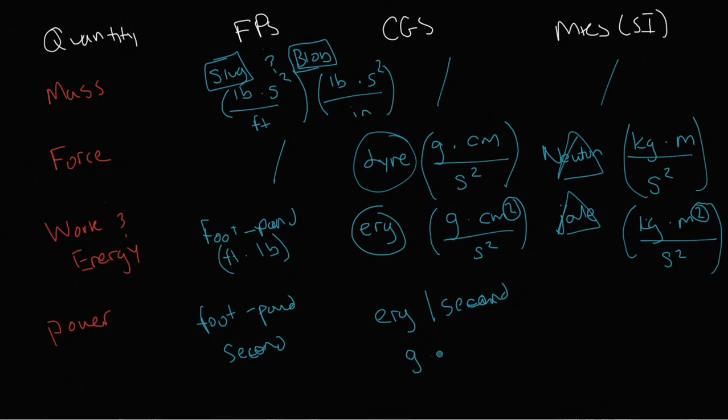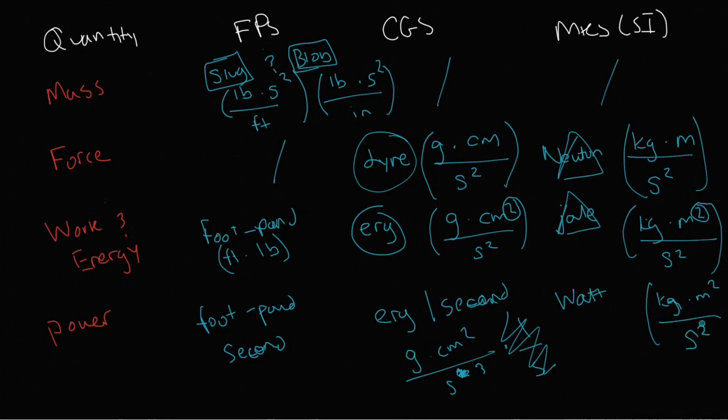So it's grams times centimeters squared over s, or you can just say that this is s to the power of 3. And then in the MKS system, it isn't called joule per second. We have a name for it. It's called watt. For watt, it's kilograms times meter squared, and just like here, we divide it by seconds, so it'll be s to the power of 3.